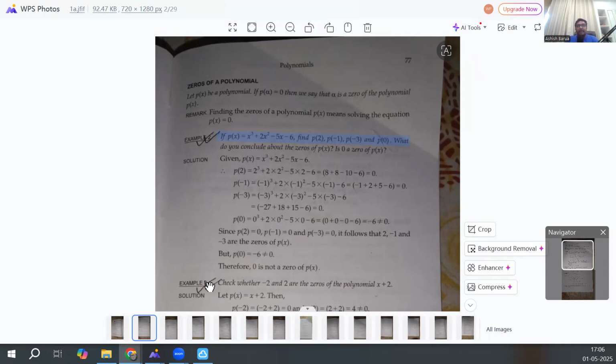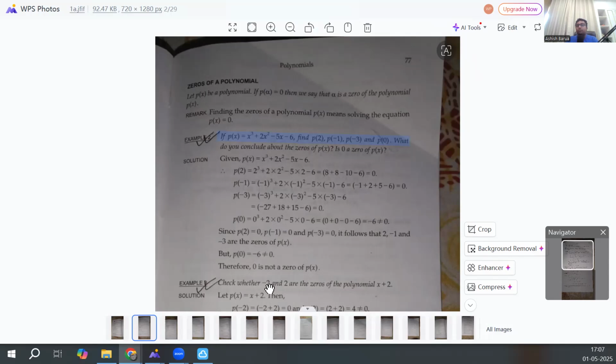Similarly, in example 2, check whether -2 and 2 are the zeros of the polynomial x plus 2. So here the polynomial has only 2 terms. Let us denote this polynomial by p(x). p(x) is equal to x plus 2. Now, putting the value of x as -2, p(x) becomes -2 plus 2, which is equal to 0.